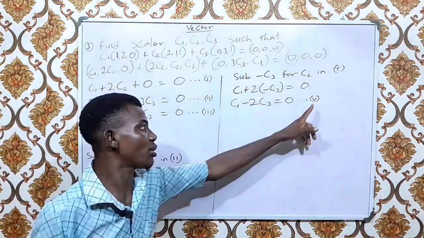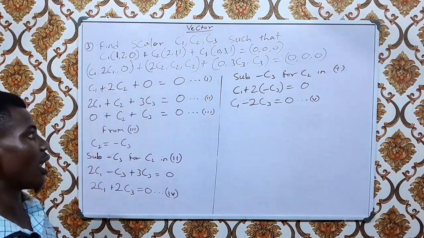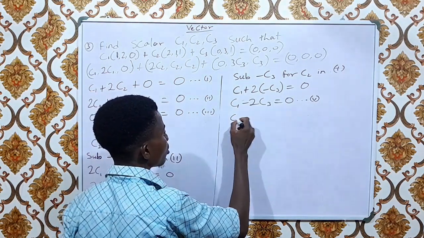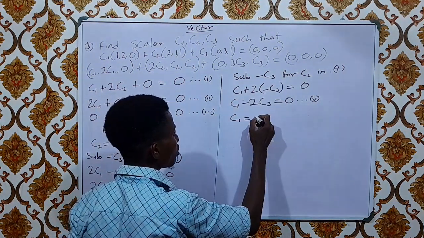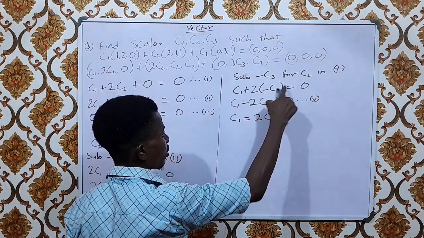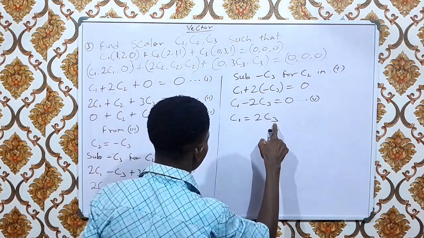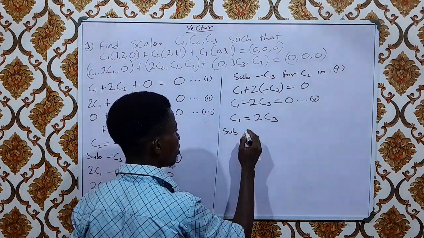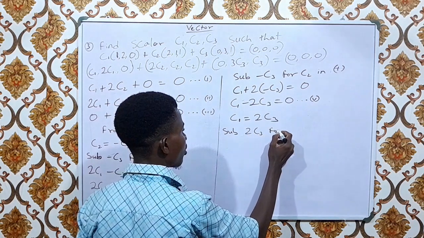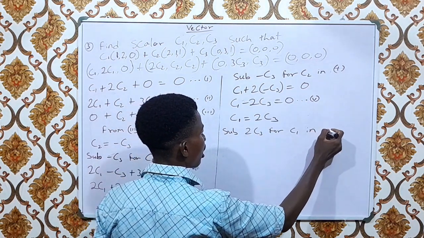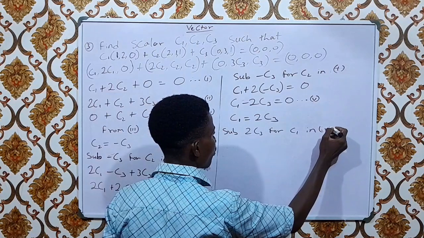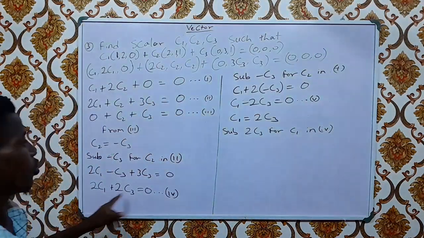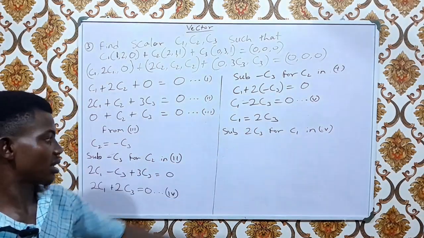Now combining equations 5 and 4 together, since our C1 has no coefficient, we have that C1 is equal to 2C3. This one crosses the equal sign and changes to positive form. So we now substitute 2C3 for C1 in equation 4. This means anywhere we see C1, we should put 2C3.